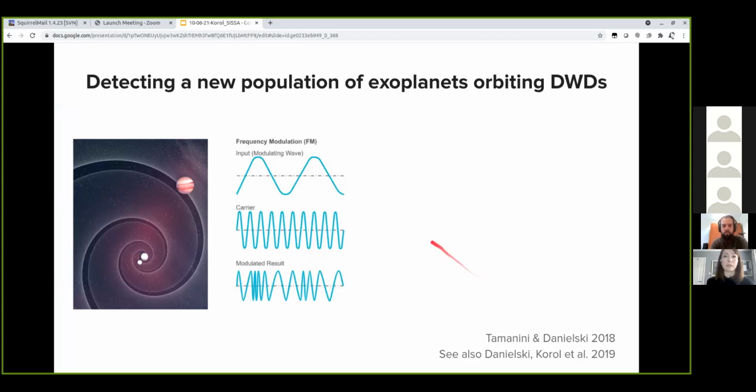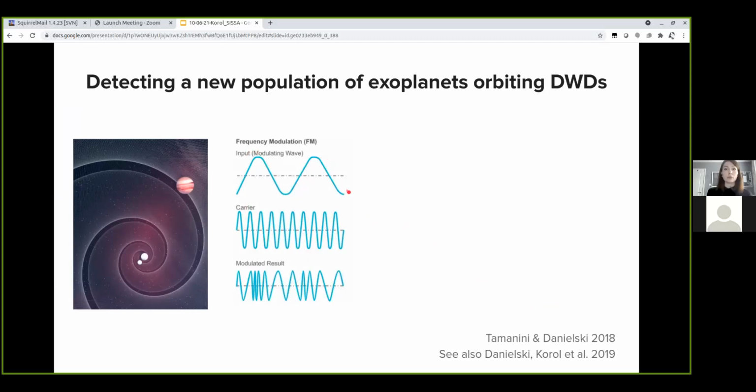So in this case, the double white dwarf signal would be a carrier, and the circumbinary exoplanet would add a larger modulation on top of that signal, so that we can create a different pattern here. And by looking at this kind of pattern in the data, we can understand whether there is a third body orbiting our monochromatic binaries.